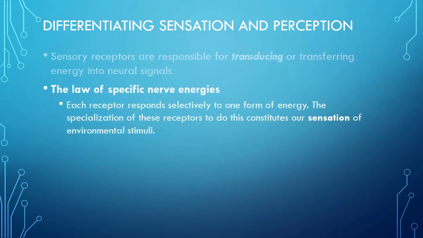And a very important thing to know is this concept we call the law of specific nerve energies, which is basically that all of the different receptors in your body respond to one kind of energy. And so the receptors are specialized in order to process that kind of energy. And this produces the sensation we have, but also the perception of different things in the environment.